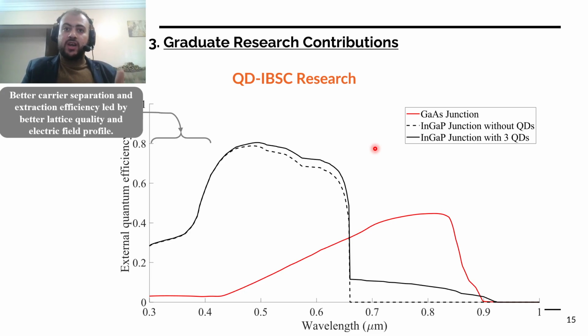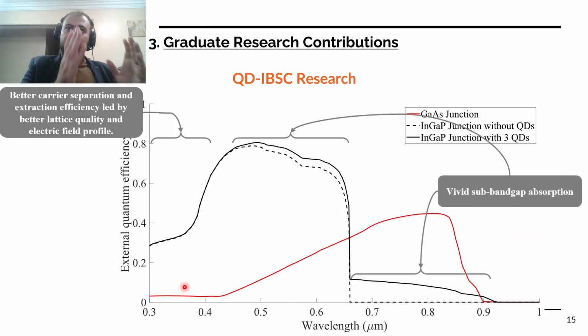This led to a better carrier extraction, very visible in the high energy portions of our external quantum efficiency figure. The second point is that we also have vivid sub-band gap absorption at higher wavelengths or lower energies.